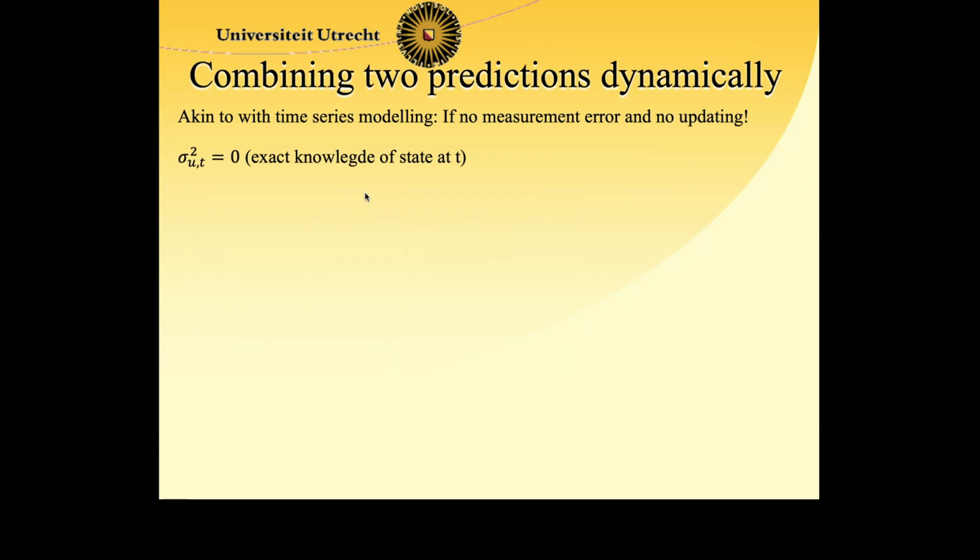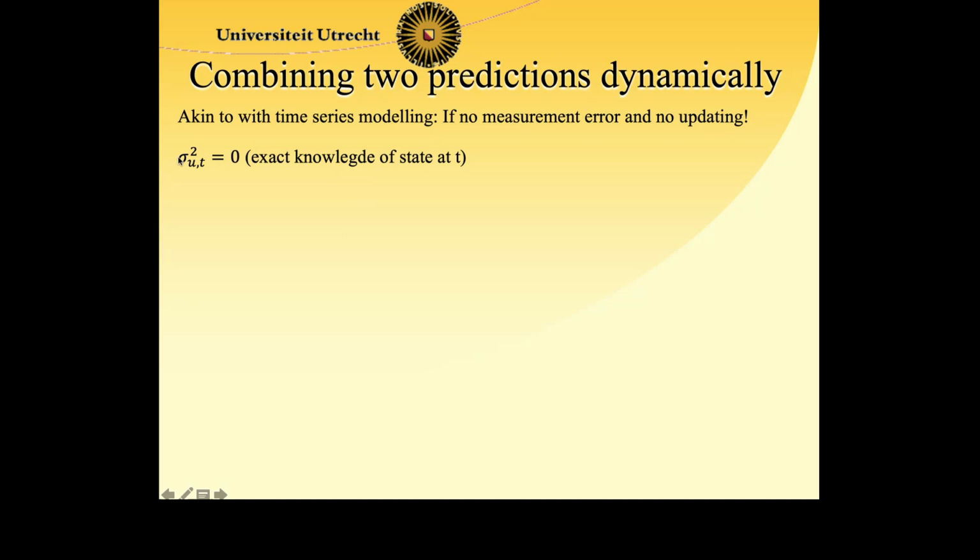And this is actually akin to what we saw with time series modeling. Now, what we saw here is a so-called autoregressive transfer function model, a special type, which is called an autoregressive exogenous variable model, or ARX model. It's basically a transfer function model with only a single autoregressive and a single input.